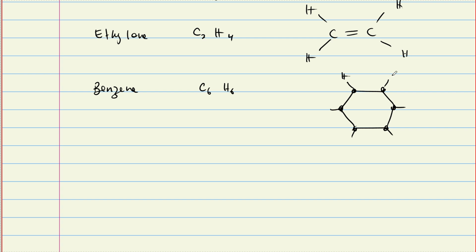This is hydrogen. So each carbon again has three neighbors, but there is one free electron which we show with this ring. So benzene is a plane, and above and below the plane there's a circular free electron hanging out. That's what we are imagining.